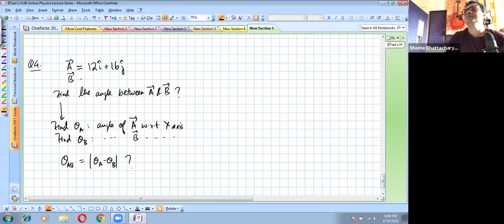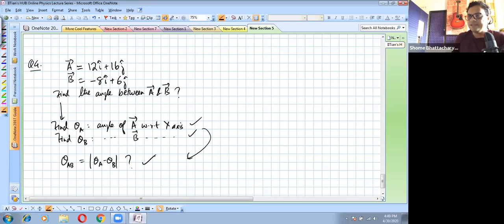And the vector B is given as minus 8i cap plus 6j cap. So using the method that we used in the example problem, you find out these two things, theta A and theta B, and then you substitute that here.